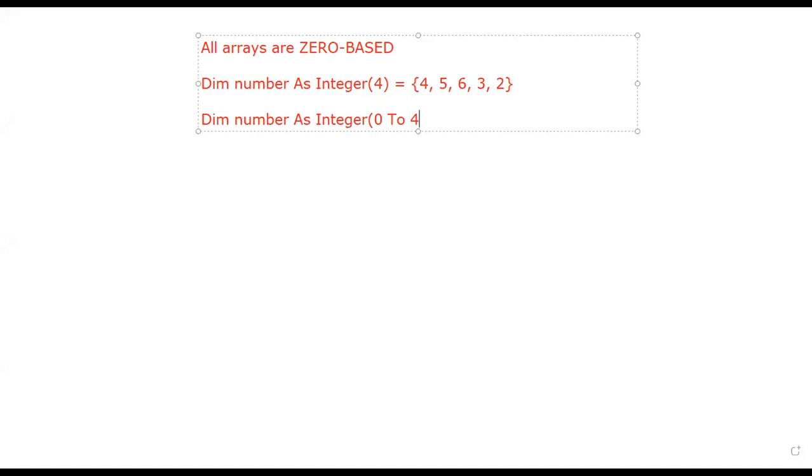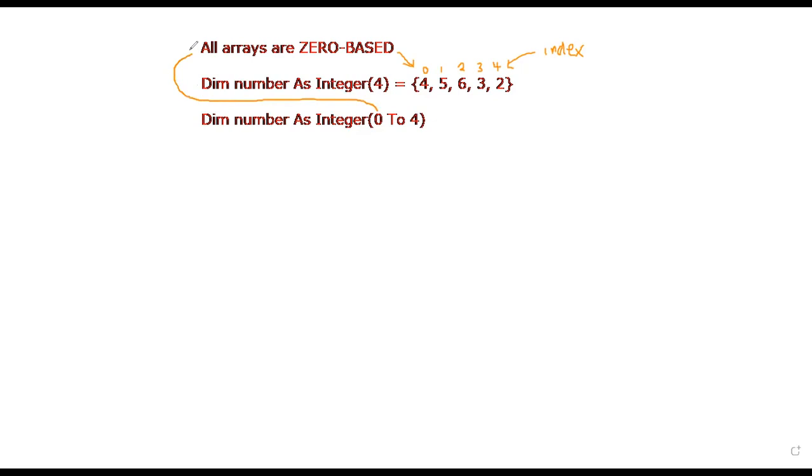That's the first index to the last index. Okay, that would have been the right way of writing an array in VB. Okay, however, this is what happens. This, because all arrays are considered to be 0 based, okay, it ignores this 0 value. Okay, it ignores the 0 value.